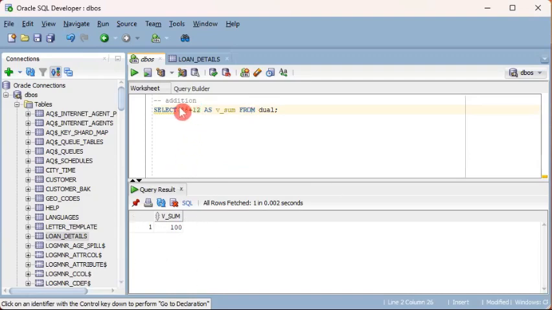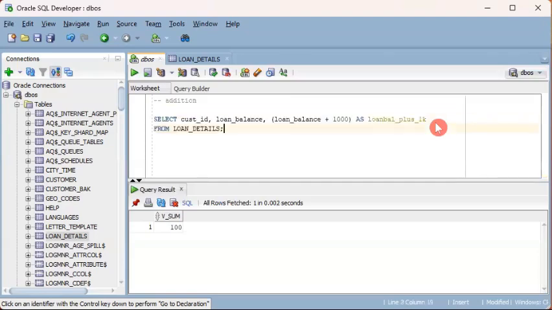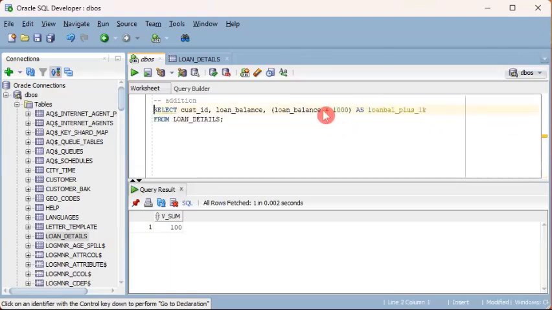In this example, I'm using hard-coded values to demonstrate addition. But you can also add using column values instead of purely hard-coded numbers. Instead of saying 88, 12, and so on, you can use this. Here I am doing my addition with the plus operator, adding 1,000 to the numeric value of the column called loan_balance, which belongs to the table loan_details.